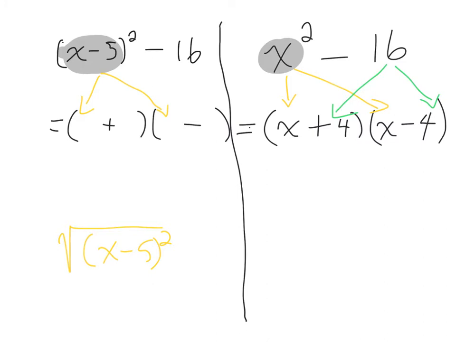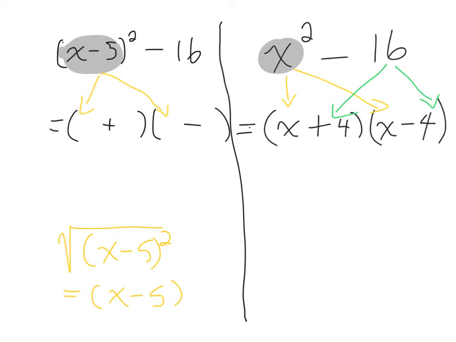Well, when you take the square root of a value, you undo a square. So the opposite operation of squaring is to take the square root. So what do I get when I take the square root of x minus 5 all squared? Well, I just simply get x minus 5. So that's what I'm going to put in my bracket in my first position. So let me do that.